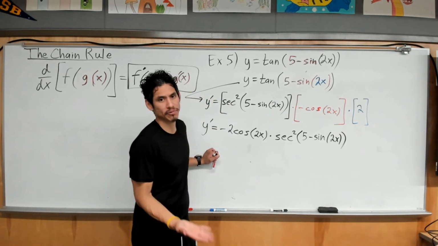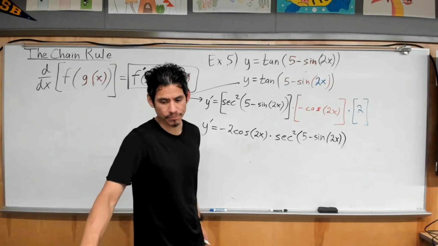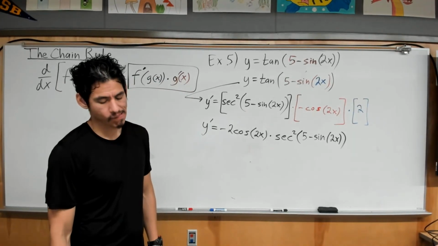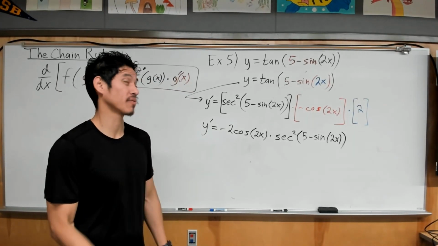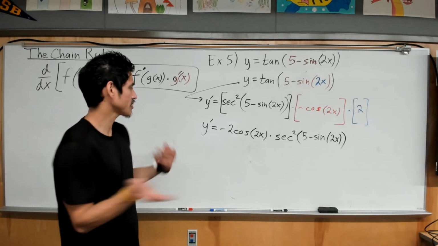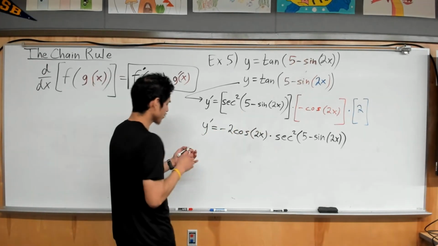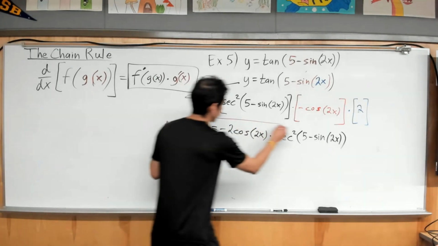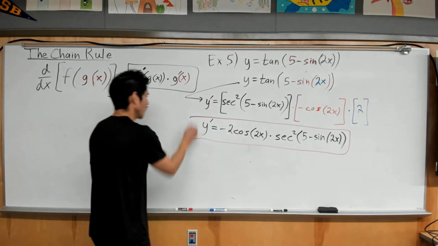You could put secant of x as 1 over the cosine of x and cancel, but actually no, because this is a different one. So we're good, we don't have to worry about any tedious work. That's our answer.